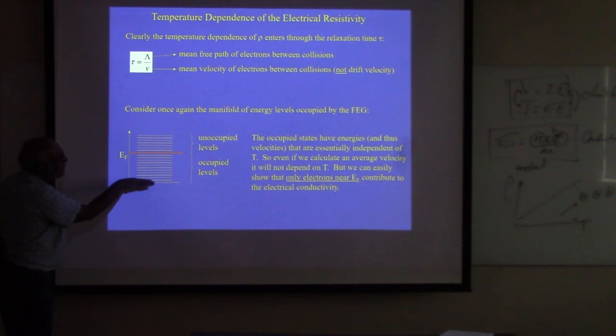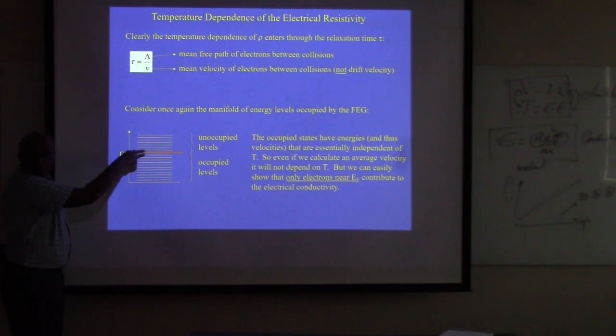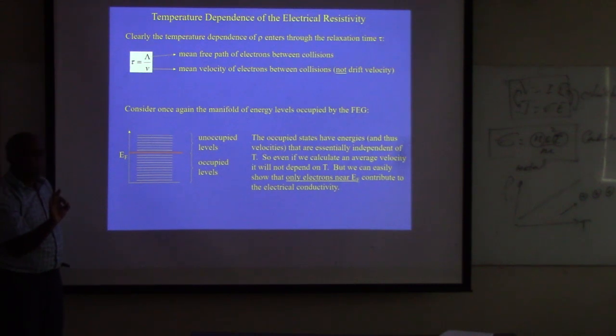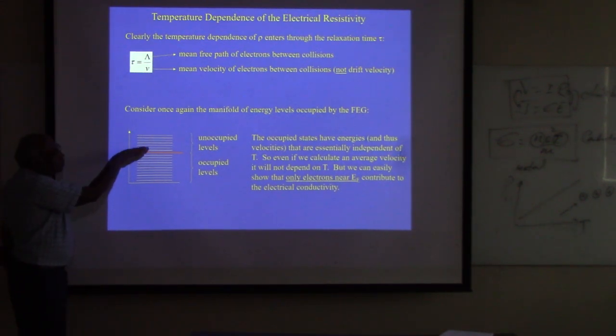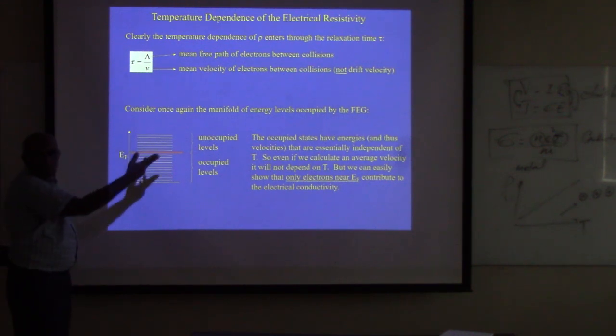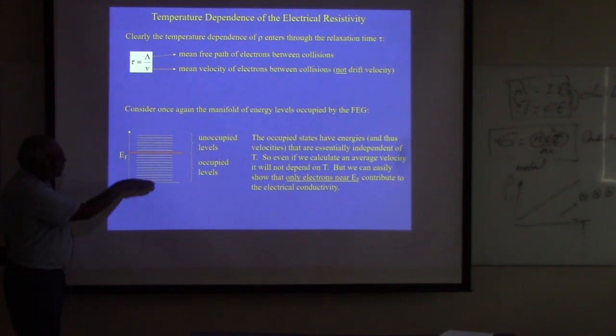The things away from this one, because they have constant velocities and constant energies, only the ones close to this one can be contributing to the conduction. Please remember, in any metal, only the electrons with energies close to the Fermi energy will contribute to the electrical conductivity, not the ones away from this one.